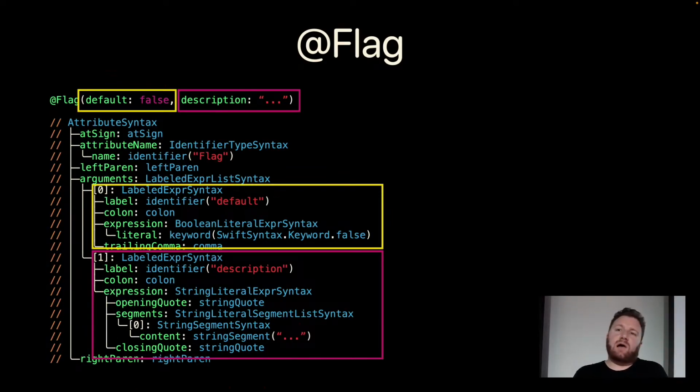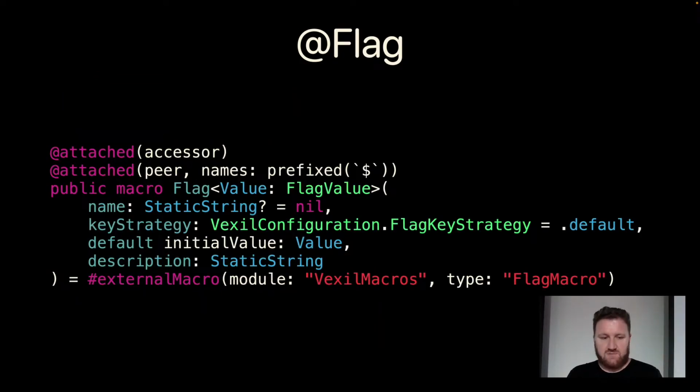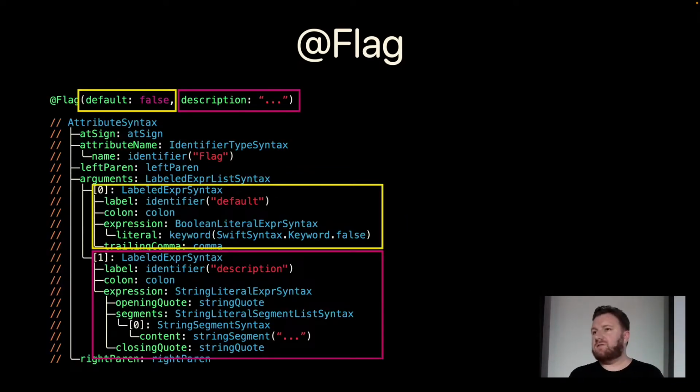Like, we know the compiler will not let them do it in the wrong order, because if you did, you would get a compiler error, but the compiler still gives it to us without any of that information in it. So we still have to walk it manually. We still have to redo all of the error handling that the compiler does for us. You know, if they omit the default parameter or they spell it with caps or something like that, we still have to handle all of those cases, which is a pain in the butt.